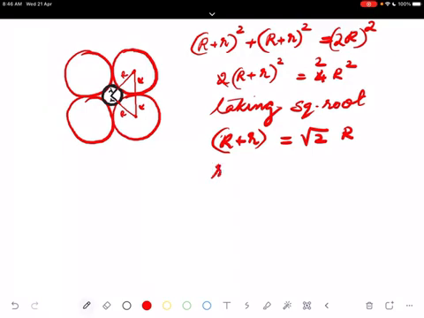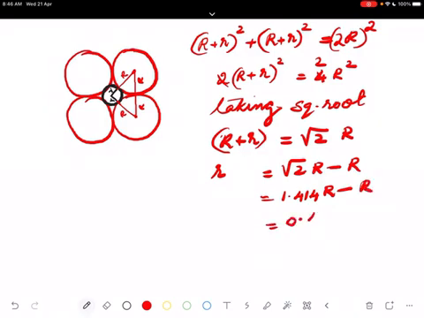Or small r is equal to root 2r minus capital R. What is root 2r? 1.414 capital R minus then 1r. So 1.414 r minus 1 r is 0.414 capital R. Or taking that capital R to the left hand side, that is r by capital R.